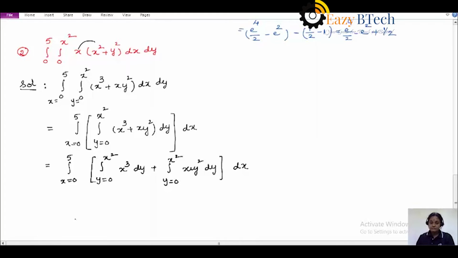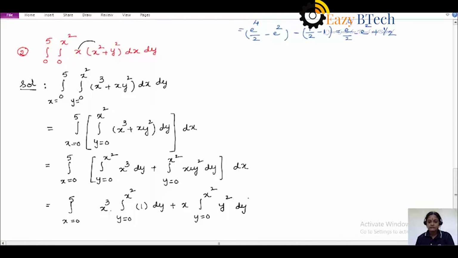With respect to y we make x cubed common, then the remaining term is y from 0 to x square of 1 dy, and here also with respect to y we take x common, y from 0 to x square of y square dy, and then dx.